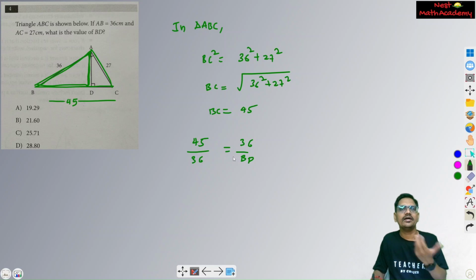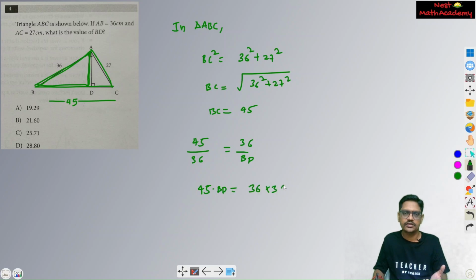I'm just taking the ratio of the corresponding sides. When you drop the perpendicular, a total of 3 similar triangles are formed, but I am only comparing the big triangle and this ABD triangle. So cross product, 45 times BD is equal to 36 times 36. Again we can use the calculator here. 36 times 36, we multiply that and divide by 45.